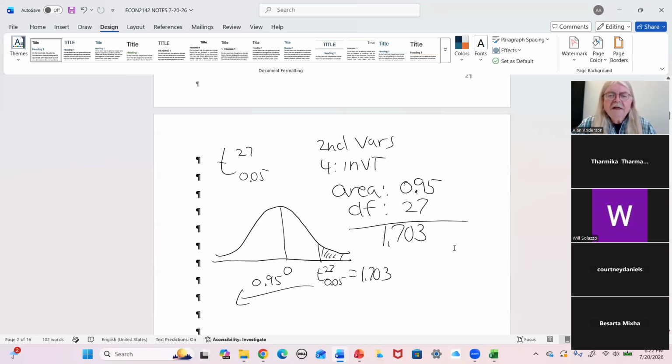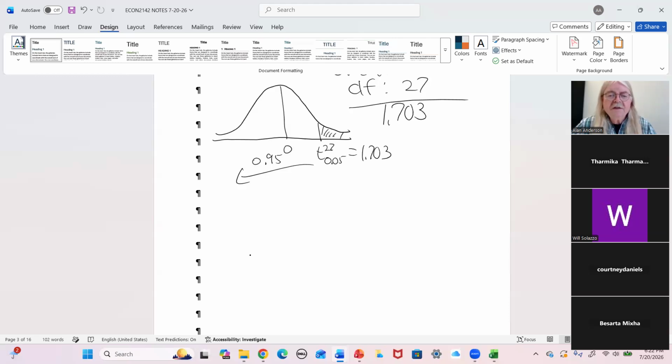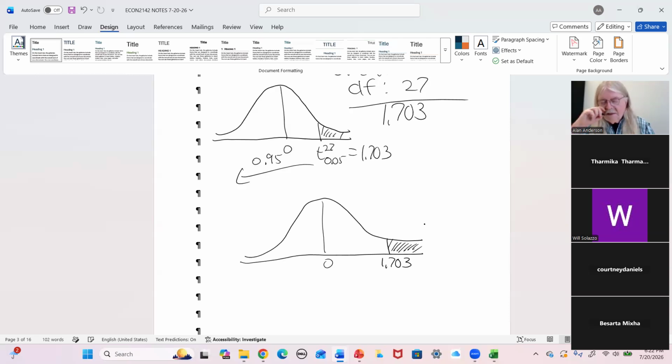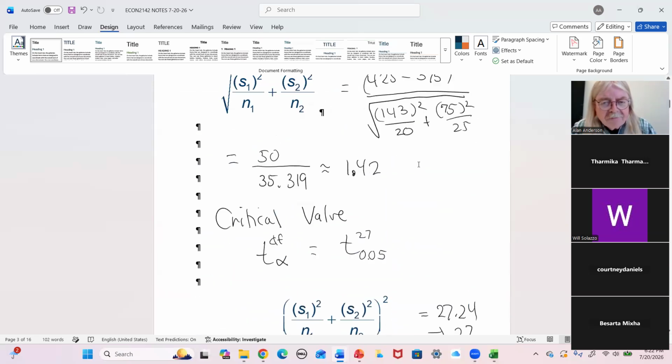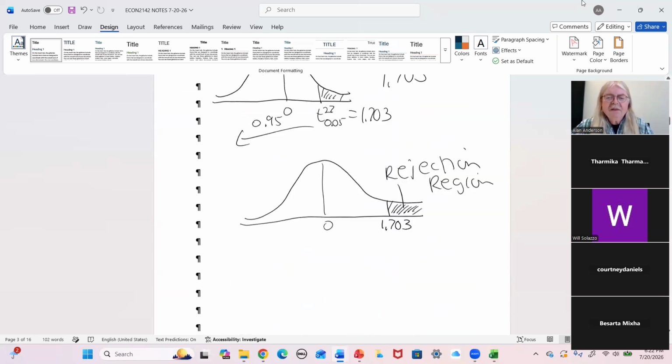All right, so now we'll compare that with the test statistic. Okay, there's our rejection region. And the test statistic was about 1.42. So let's put that in the graph.